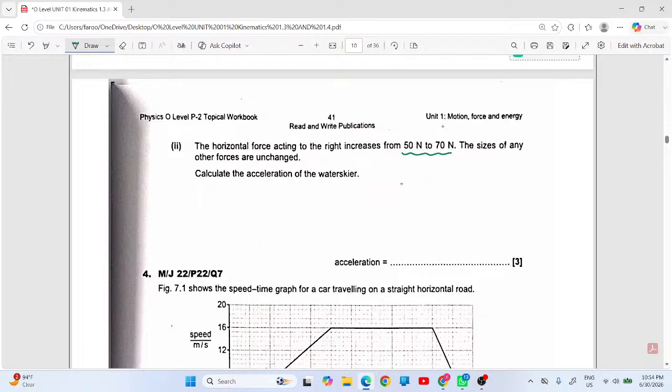The force has increased by 20 Newtons. So the net force becomes 70 minus 50, which is 20 Newton. Because if 50 Newton was applied earlier, the frictional force is also 50. Now if you increase the forward force to 70, we still have a 50 Newton force in the backward direction. So the net force is 20 Newton.